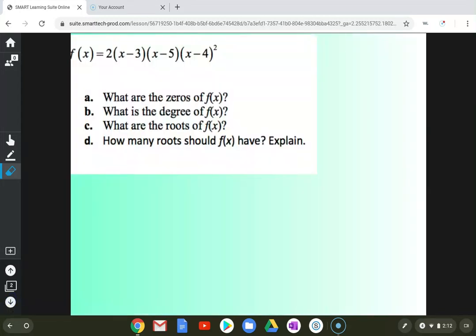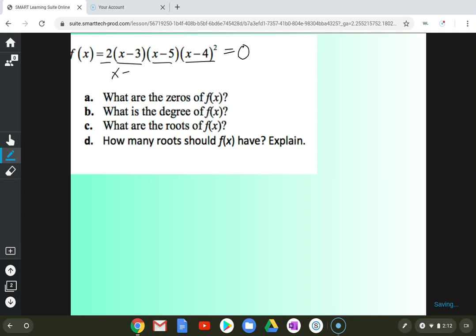So this first polynomial that we've given is presented in factored form. When a polynomial is presented in factored form, it means that it's a string of stuff being multiplied together. Each of these is a factor of the polynomial. The zeros are the x values that cause the whole function to equal 0.